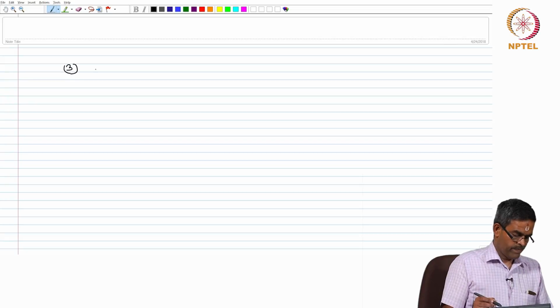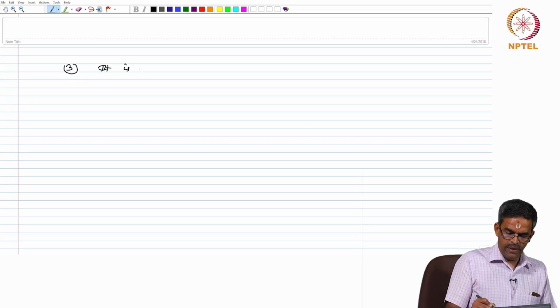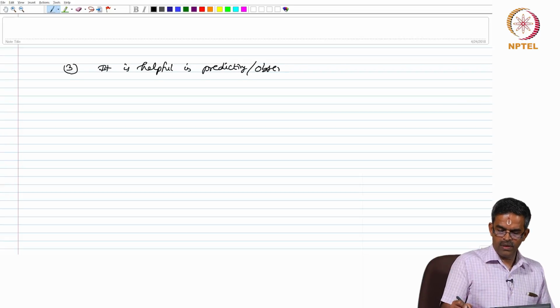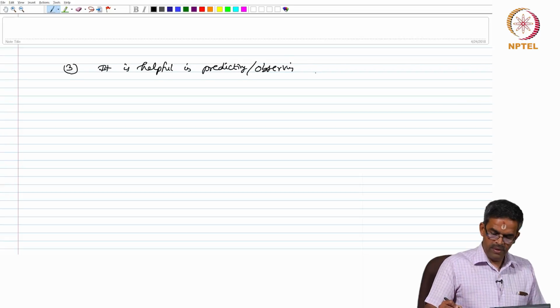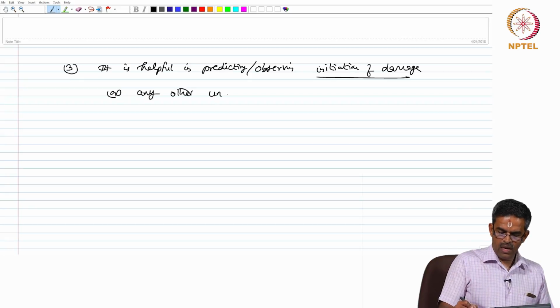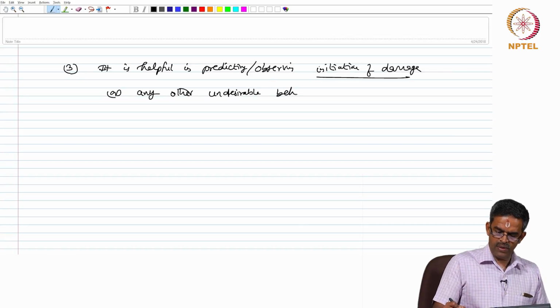Thirdly, it is helpful in predicting or observing initiation of damage or any other undesirable behavior of the structure.